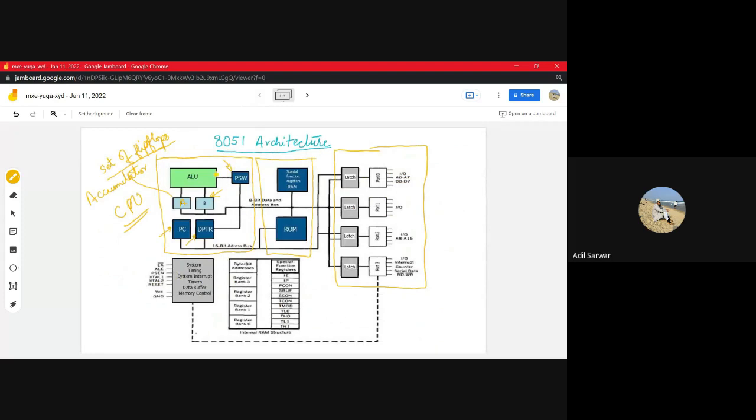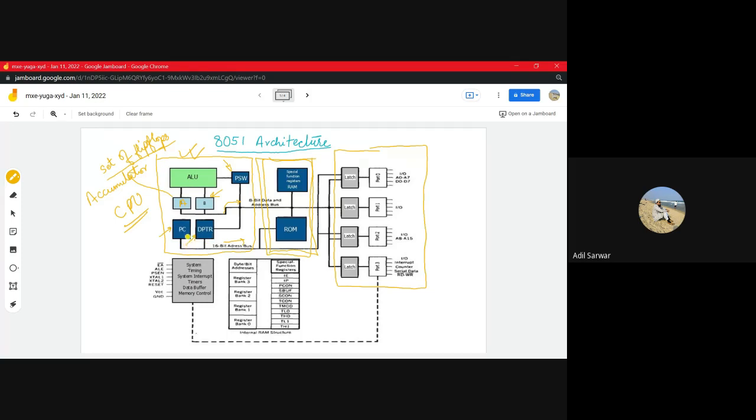So now the CPU part is over. Okay. Now let's move to the memory part. One more thing you could see here, there are buses that are coming from these registers. This is an 8-bit data and address bus. This is a 16-bit address bus. Why is it a 16-bit address bus? Because I told you that PC and DPTR are 16-bit registers. And they point to the address.